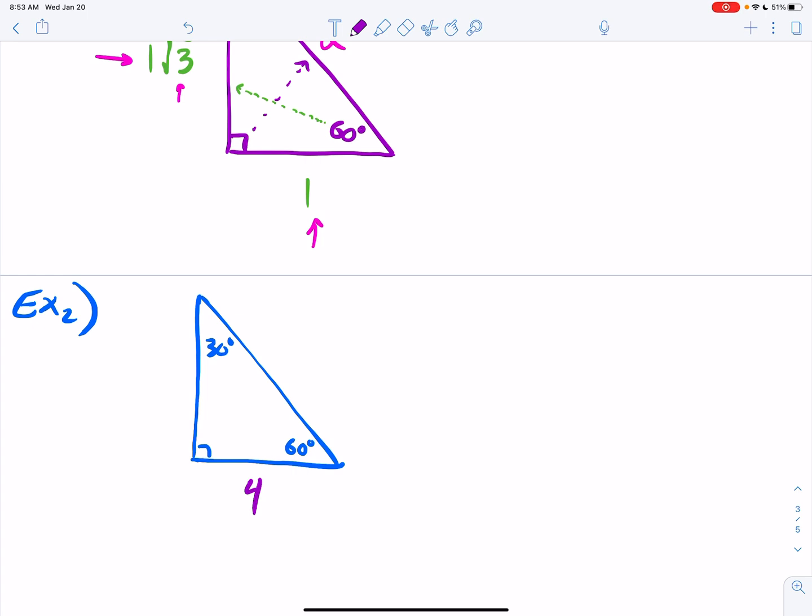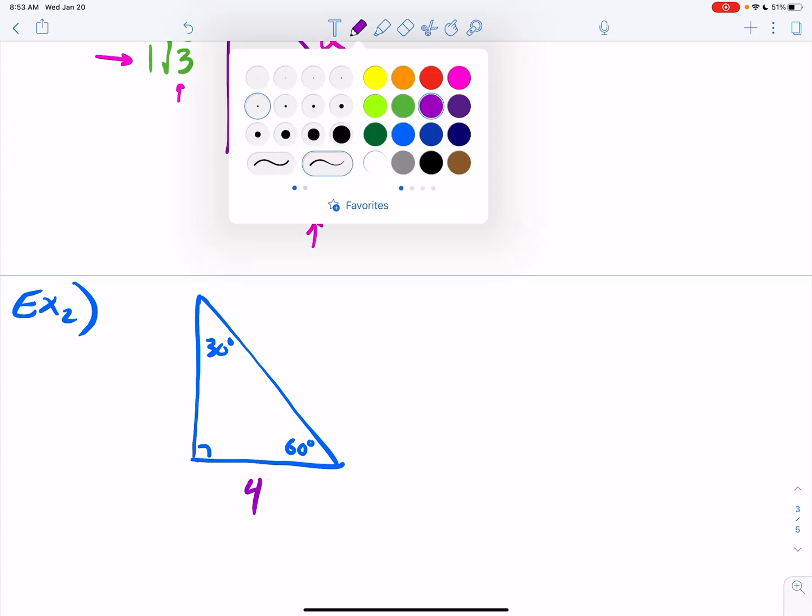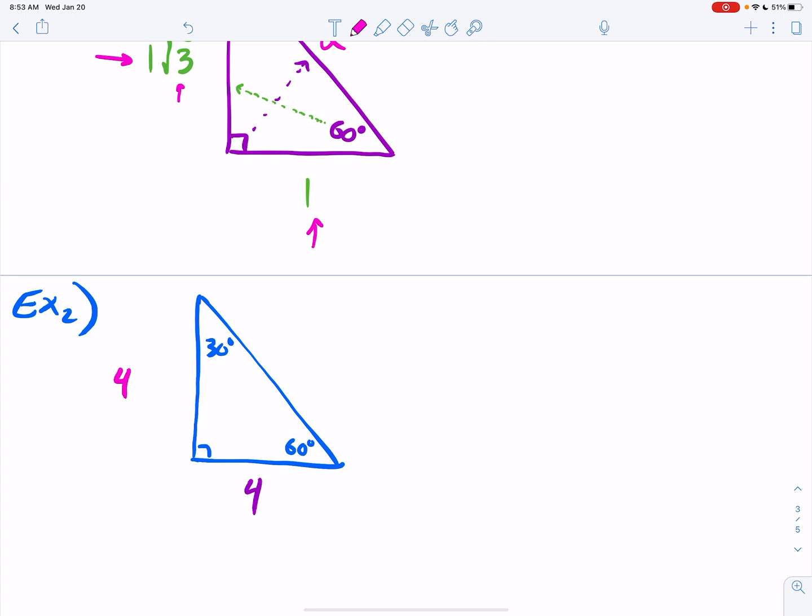So in a 30, 60, 90 triangle, the short leg and the long leg will always be the same. So the long leg will also be 4, but across from 60, you have an extra radical 3. Okay? The hypotenuse is always going to be double the short leg. The short leg is 4, so the hypotenuse will be 8 because you double it. All right? And that's it.